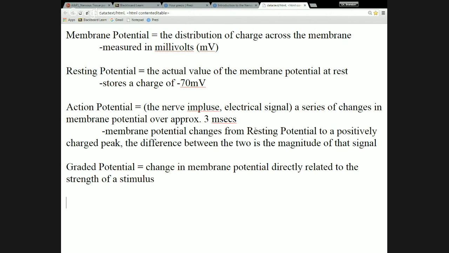Now, the first potential I mentioned was a generator potential. And this is a graded potential in a sensory neuron's dendrites.